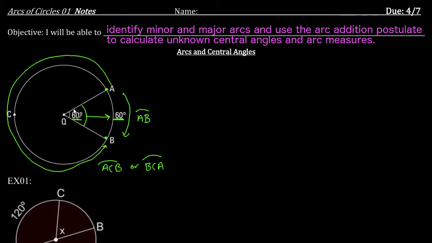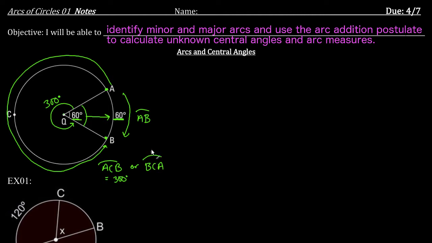So if we go the other way around, if this is 60 degrees, this would have to be 300 degrees because a whole circle is 360 degrees. That means this arc ACB or BCA also equals 300 degrees.